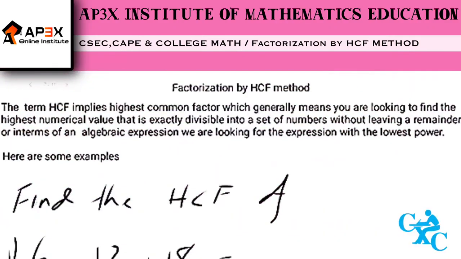Now this is in fact part one of a four-part series. In part one we're going to be talking about the fundamentals of factorization, and we're going to be looking at the first method, which is factorization by the HCF method. In part two we're going to be looking at factorization by grouping, and this particular video is a prerequisite for factorization by grouping.